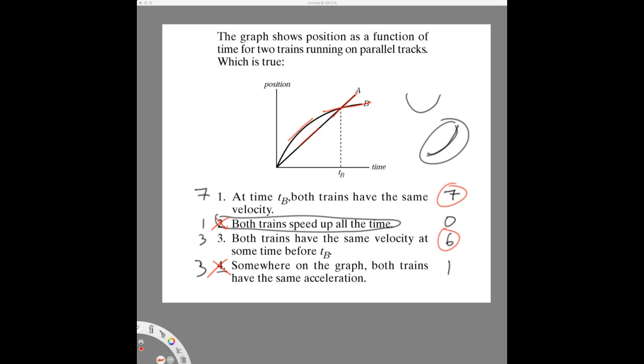Let's see here. One more person needs to vote.